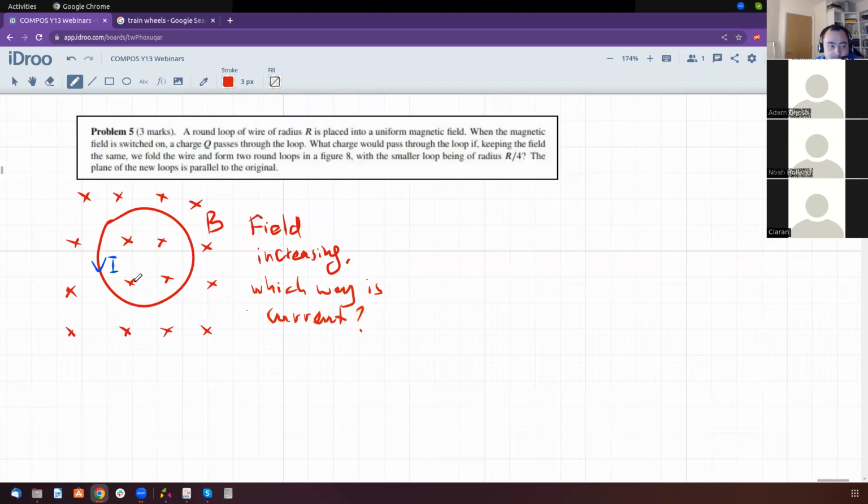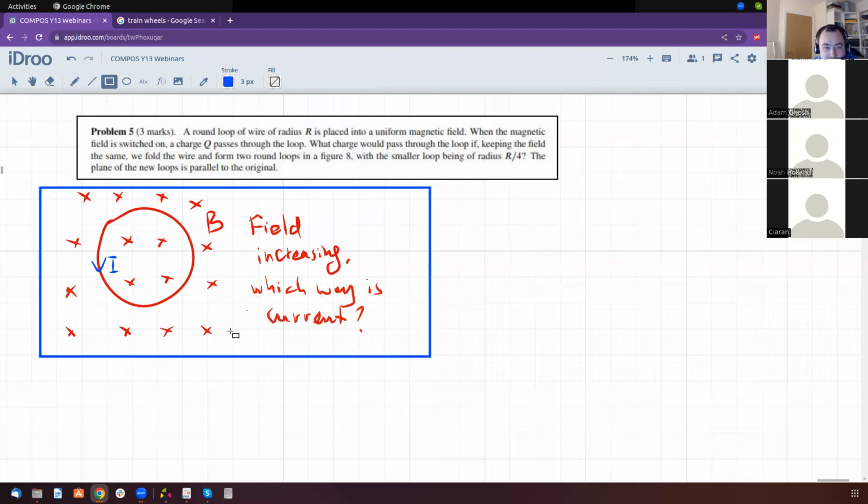Now, this is an A-level question, right? Problem 5 is not, but this is an A-level question. Field is increasing, which way is current? You do use the right thumb rule.